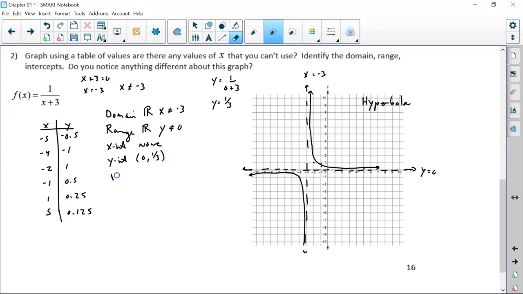Our vertical asymptote is at x equals negative 3, and our horizontal asymptote is at y equals 0. And let's go to the next page.